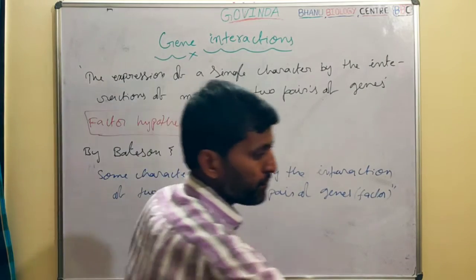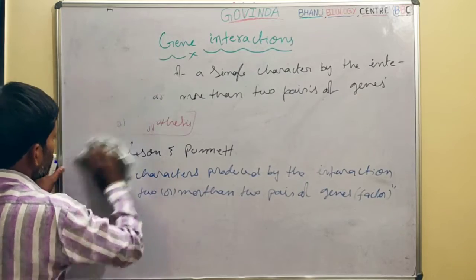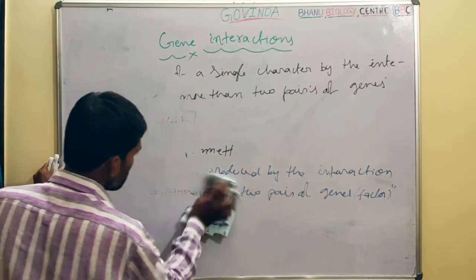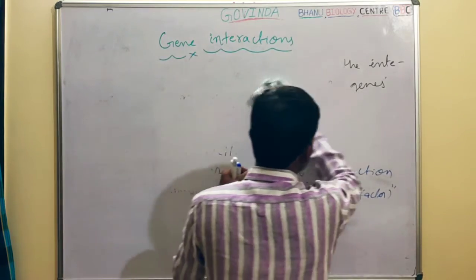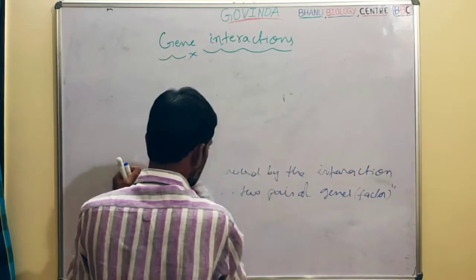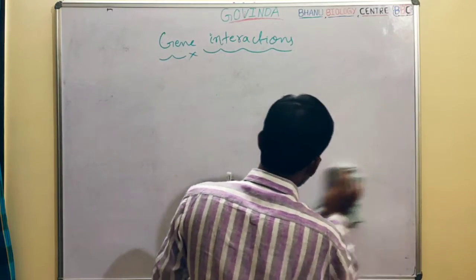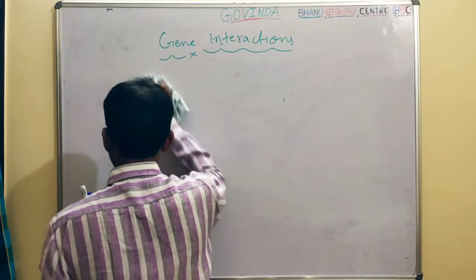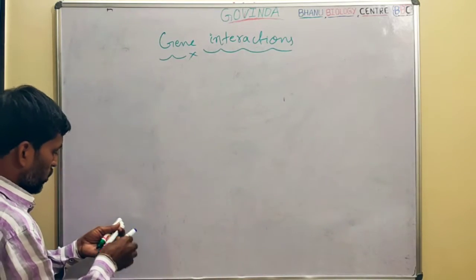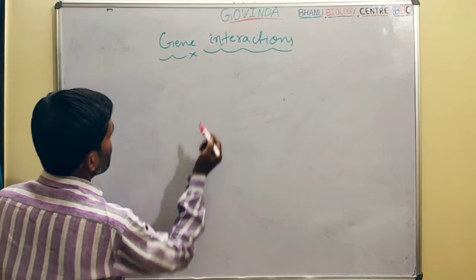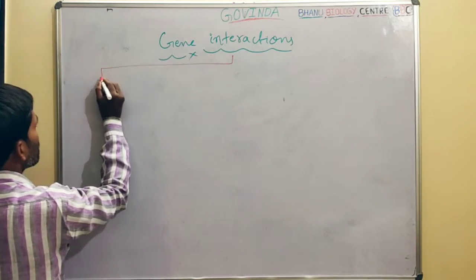Let me tell you the types of gene interaction. Already I mentioned that gene interactions are extensions to Mendelian genetics, because many deviations were observed by other scientists. Let us take a brief chart. Gene interactions are of two types.